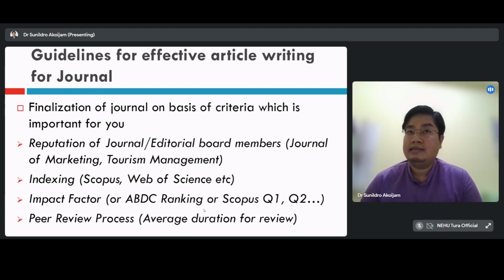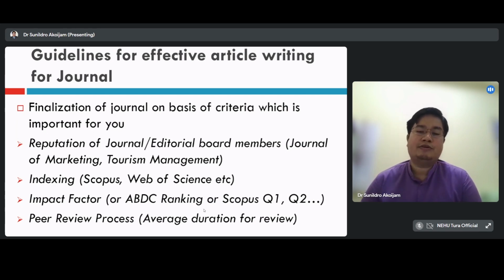Okay, ABDC ranking is the parameter introduced by the Australian Business Deans Council, and they rank journals as A, B, C. Those journals which are in rank A are the best journals in the discipline. Then comes the next level B, and then C. Similarly, Scopus has come out with four quartiles, like Scopus Q1, Q2, Q3, Q4. Q1 are the best 25% of journals, then subsequently Q2, Q3, Q4. So on the basis of this parameter also you can judge the quality of the journal.